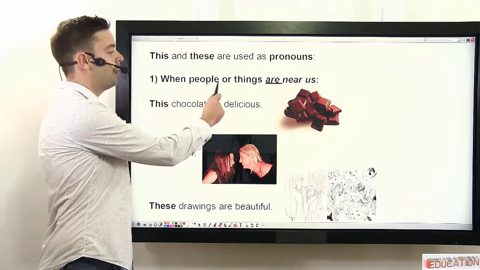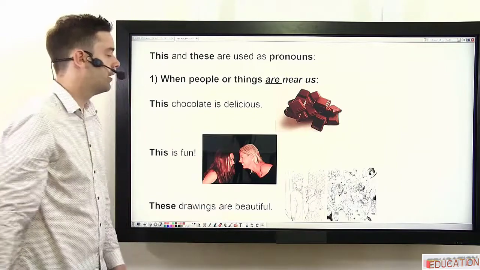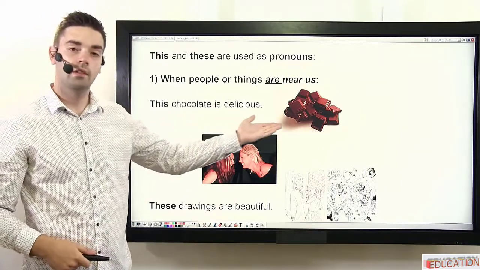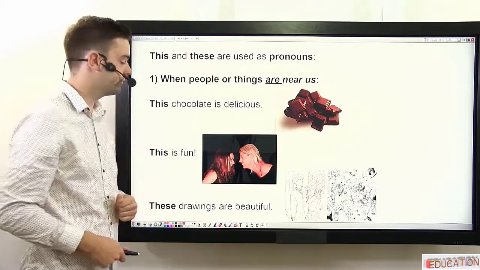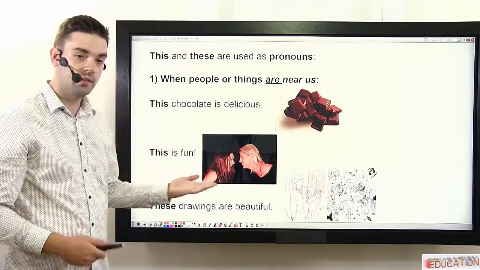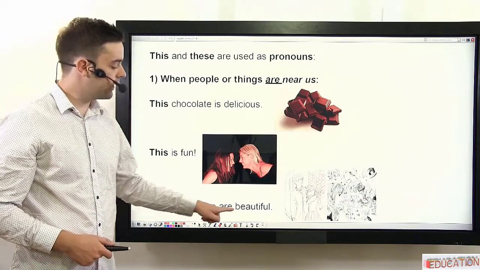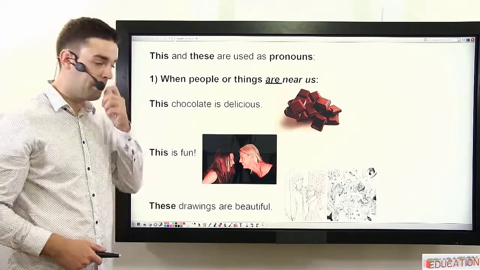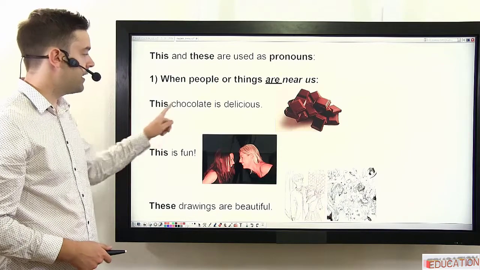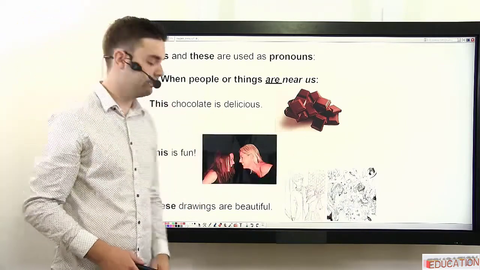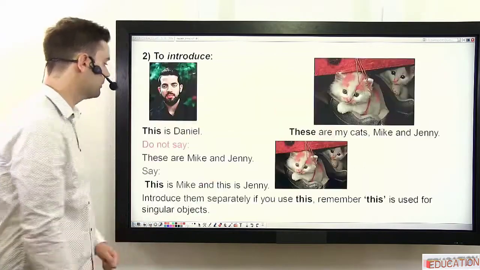Firstly, when people or things are near us, so close by. This chocolate is delicious. This is fun. These drawings are beautiful. So remember, this, one; these, more, plural.